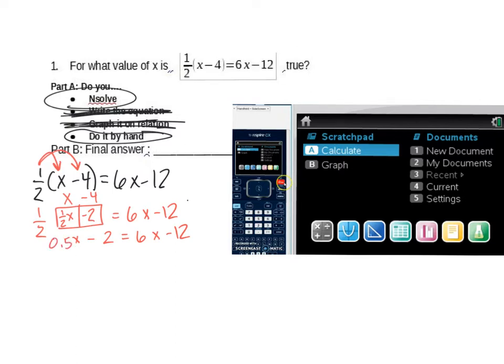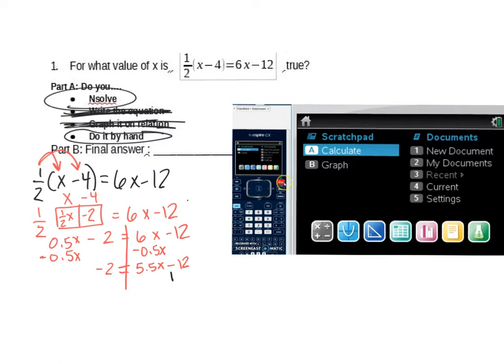Now, I'm going to need to solve for x. So, in order for me to do that, I need to move x to the right. So this is a positive 0.5x. So we're going to subtract now. So now we get negative 2 is equal to 5.5x minus 12. How did I get 5.5? 6 minus 0.5 is 5.5.